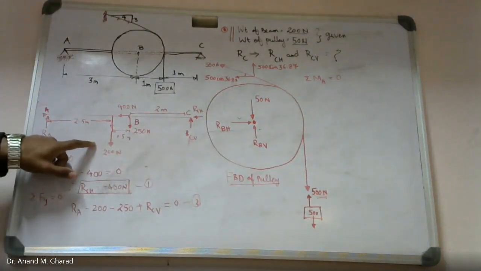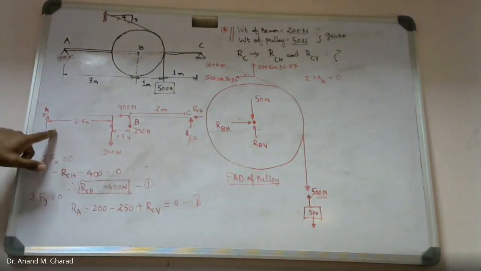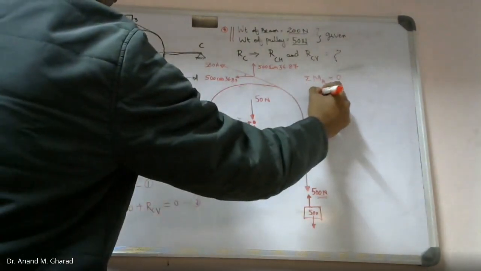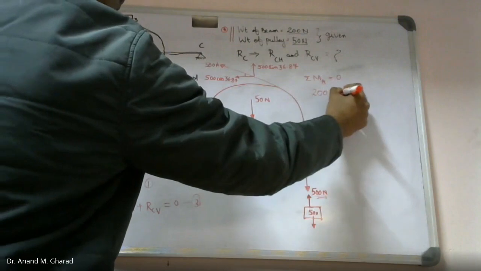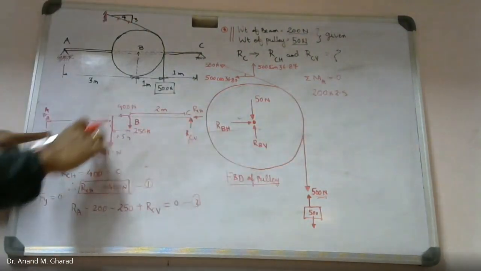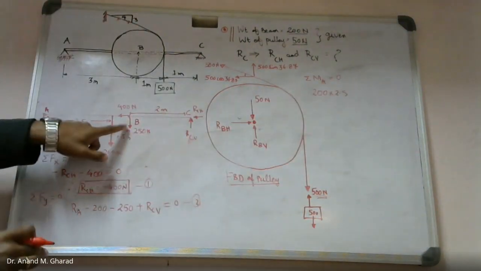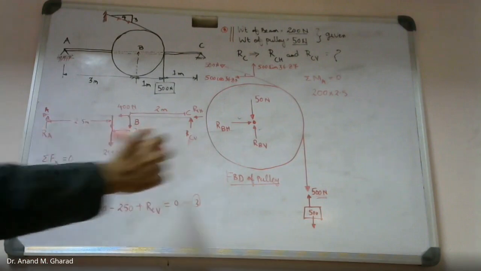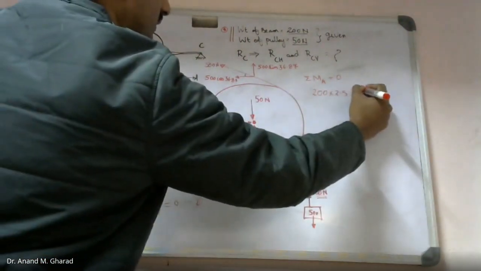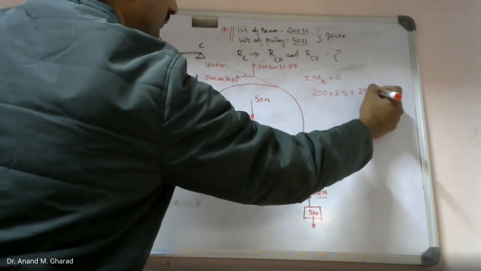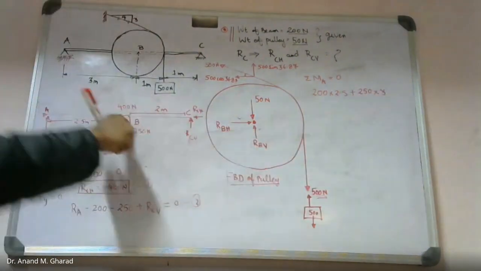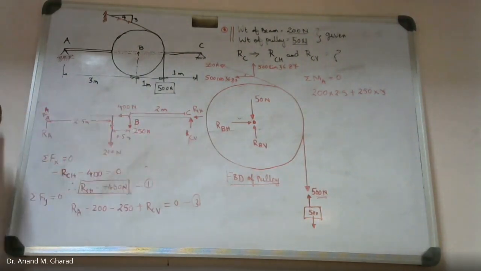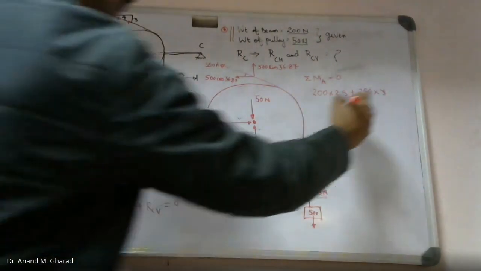So very quickly, let me know. 200 into 2.5 clockwise direction. Am I right? 200 into 2.5 rotating clockwise. Then next 250 into 3 meter, again clockwise. Right? 400 will pass through point A, no need.